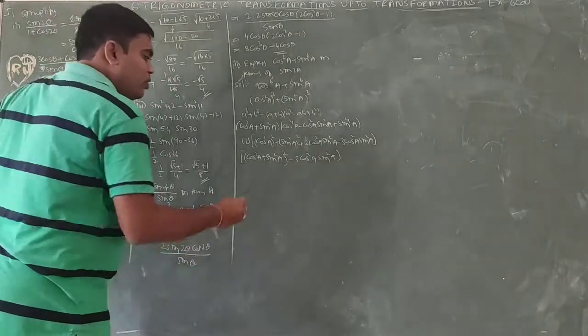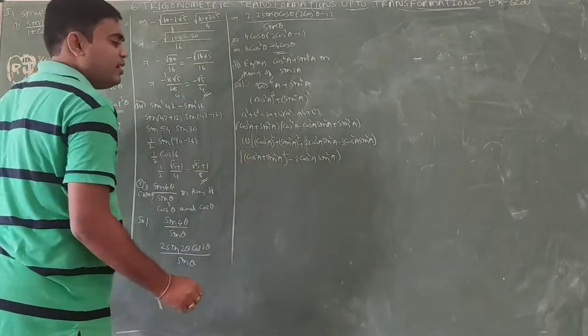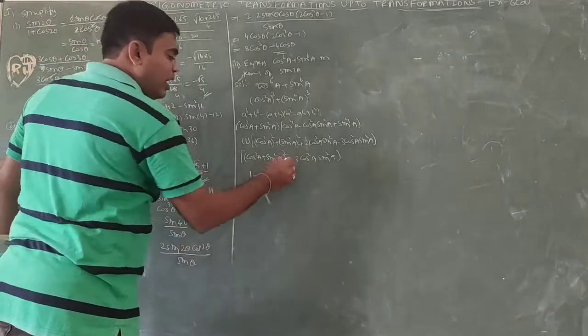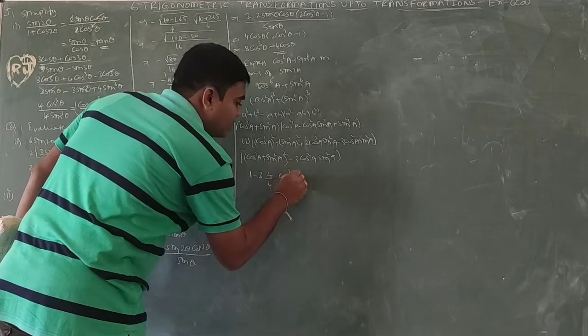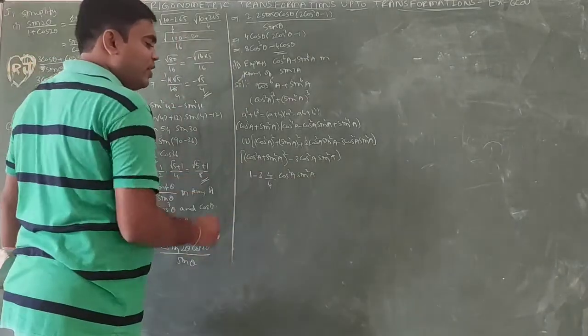Now this is equal to 1, by the cos square theta plus sin square theta identity. So 1 minus 3 into, I want to write 4 by 4, multiply and divide with 4.